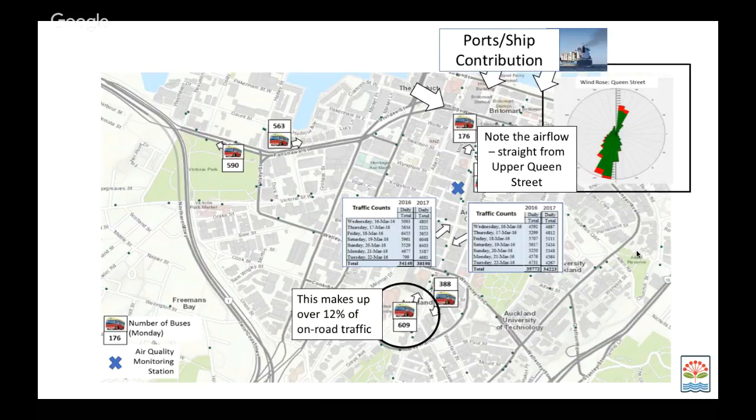Oftentimes, I must say, Queen Street is quite well ventilated, and the concentrations of PM and black carbon are fairly low. There's no permanent continuous black carbon instrument at Queen Street at the moment because it's on a rooftop and there are weight limitations, but we're thinking about ways of getting a sample line up there so we can measure black carbon continuously, and also other things like PM1 and ultrafine particles.